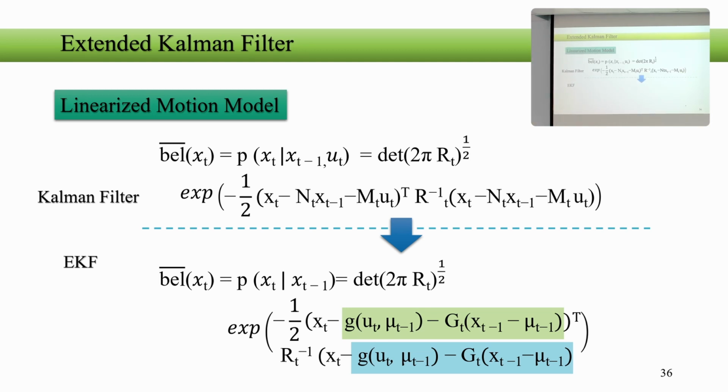Now let's have a look at what we had in the Kalman filter. Look at the term that we have here. We had the predicted belief of xt and this whole big term to calculate, right? With matrices N and M. So in EKF, what we do is replace the matrices N and M with G, that is the linearized form of these matrices.